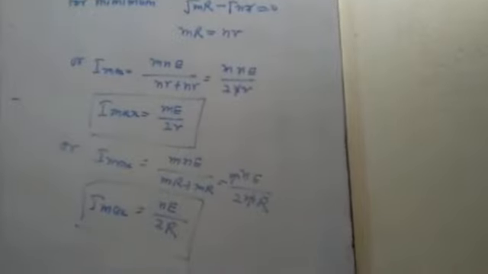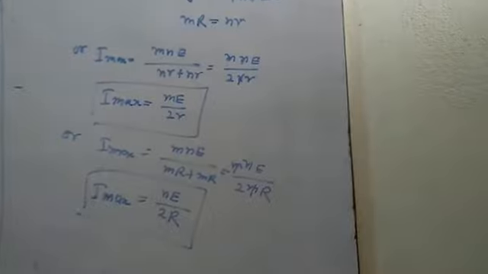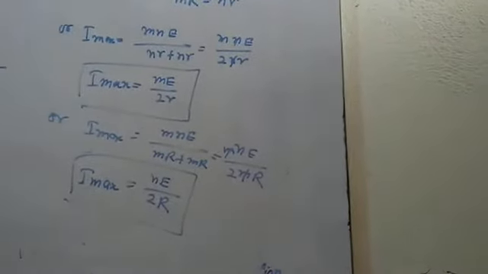It means that in the mixed group, current in the external circuit will be maximum when the internal resistance of the battery equals the external resistance.